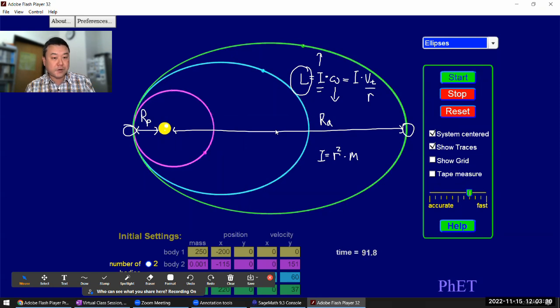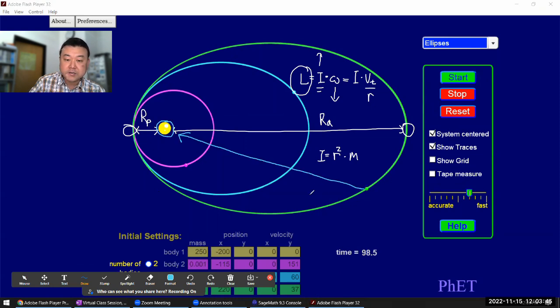But maybe you are puzzled by my assertion that angular momentum is conserved in this setup that clearly has an external force. This sun here is a body external to this planet, clearly exerting this force of gravity, given by Newton's law of universal gravitation.